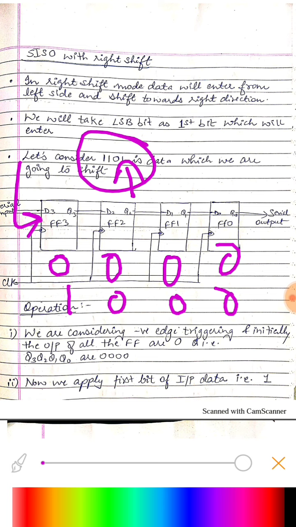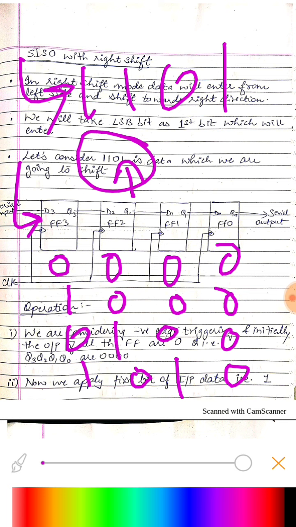At the second negative edge, as the second bit is 0 in the stream, it will become 0 1 0 0. At the next edge it will become 1 0 1 0, and at the final edge it will become 1 1 0 1.